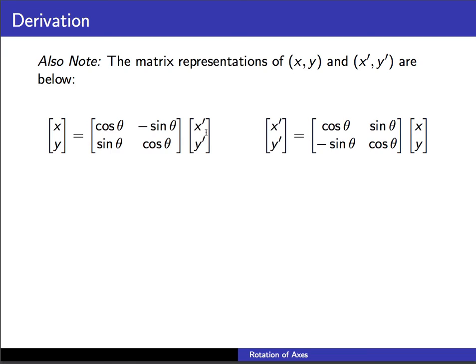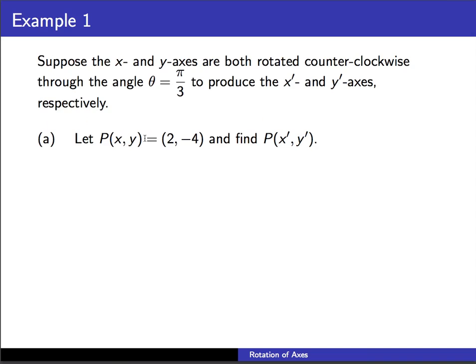We can multiply x prime and y prime by the matrix cosine theta, negative sine theta, sine theta, cosine theta to get x, y. Likewise for finding x prime and y prime, we can multiply our x and y coordinates by the matrix cosine theta, sine theta, negative sine theta, cosine theta. This matrix representation condenses it down a little bit, but if you haven't had work with matrices, you don't have to worry.